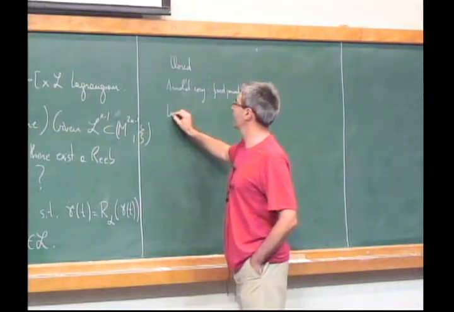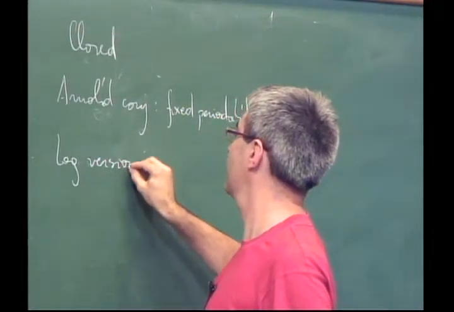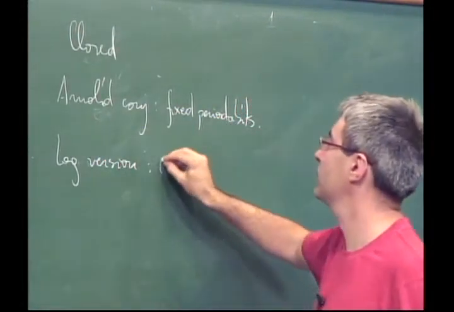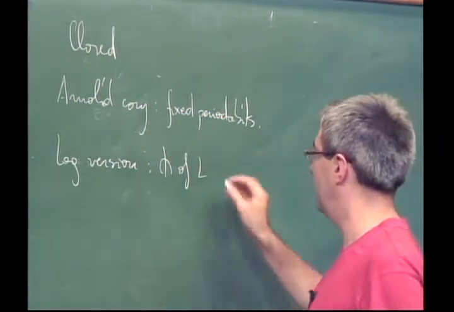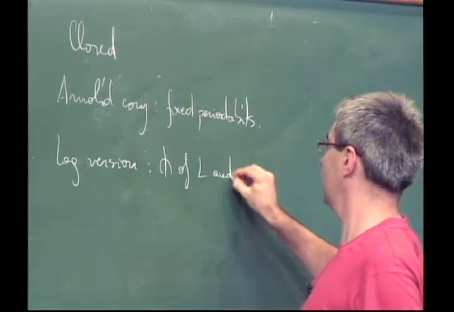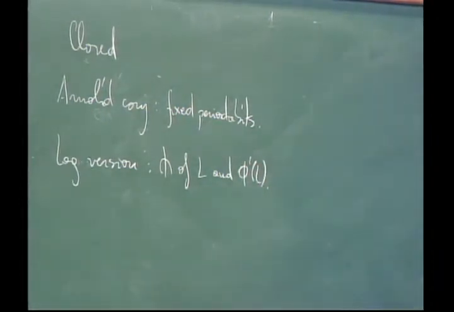And then there's also the Lagrangian version, which asks for intersection points of L and phi 1 of L.